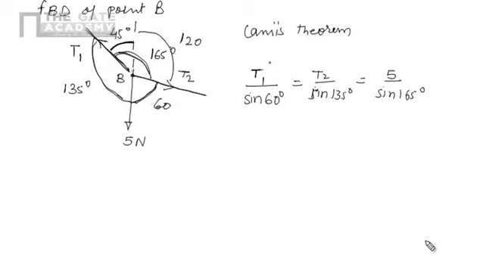With the help of these two equations we can find out T1, and with the help of these two equations we can find out T2. So one by one, we will take these two equations.